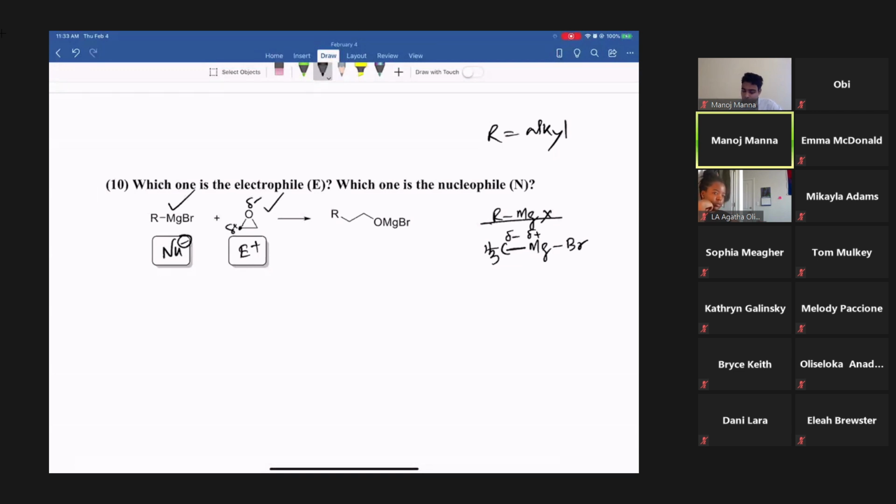The answer is here, the carbon metal bond. If you think about electronegativity, then carbon is more electronegative than metals. That's why you have a delta negative charge. So that means electron rich side over here, and that will act as a nucleophile, and the epoxide, any of this carbon, because these are equivalent carbons, can act as an electrophilic center. Okay, questions?